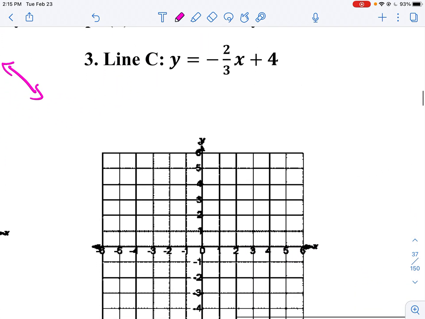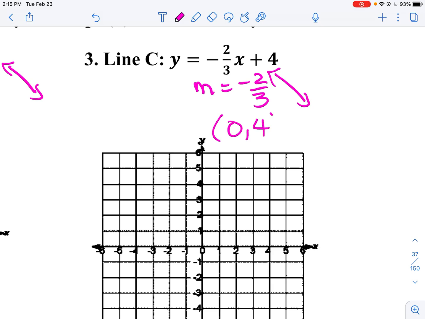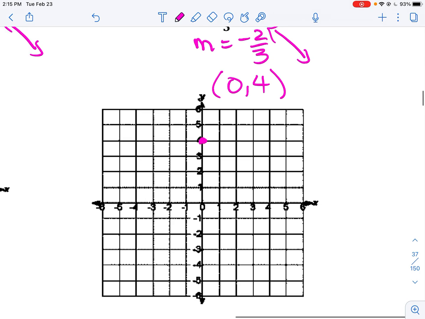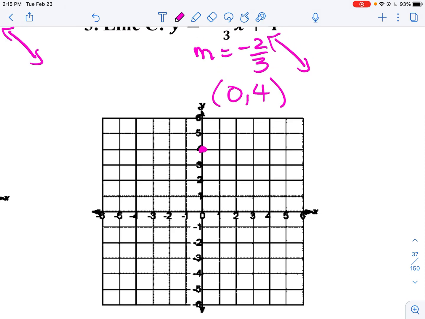Okay, next one. Now the slope on this one is -2/3. Okay, so again, it's going to go downhill, and my y-intercept is 0, 4. So I go to 4, and I'm going to go down 2, and I'm going to go to the right, 1, 2, 3.